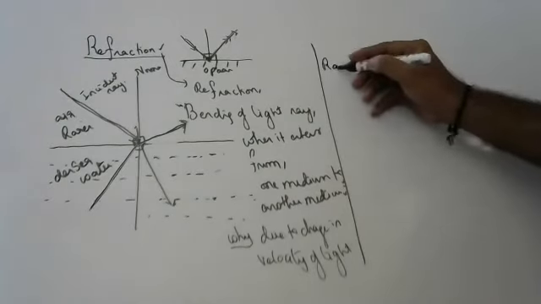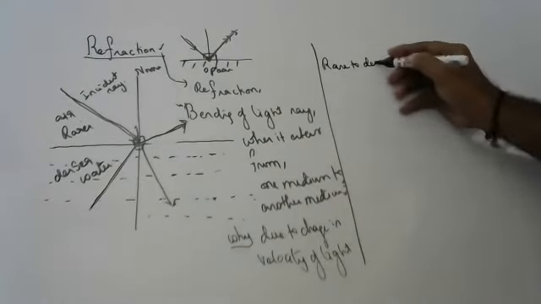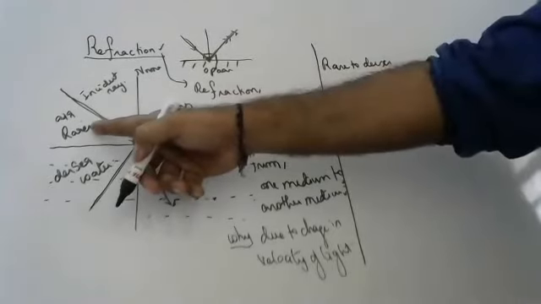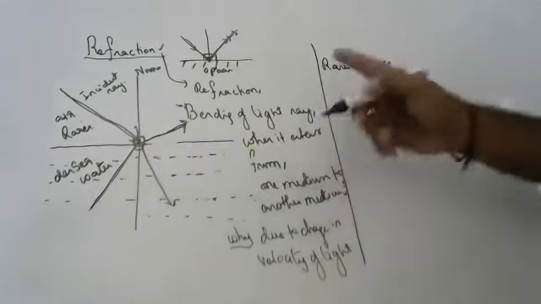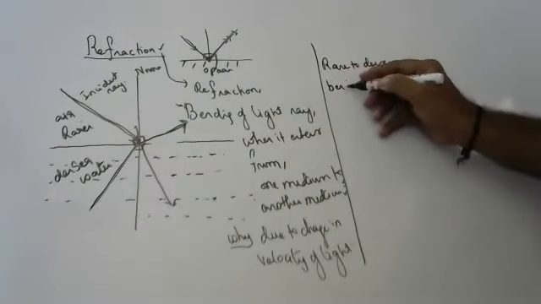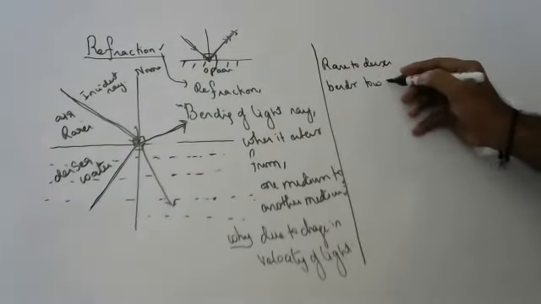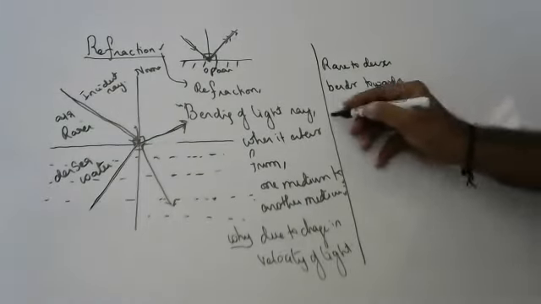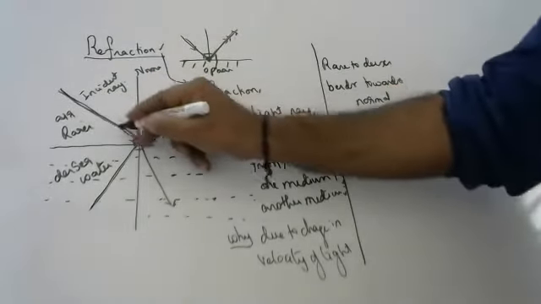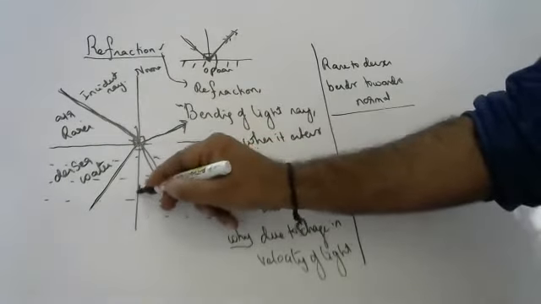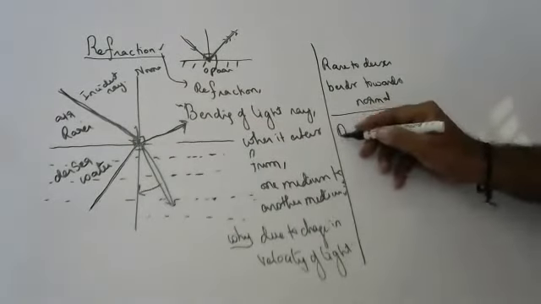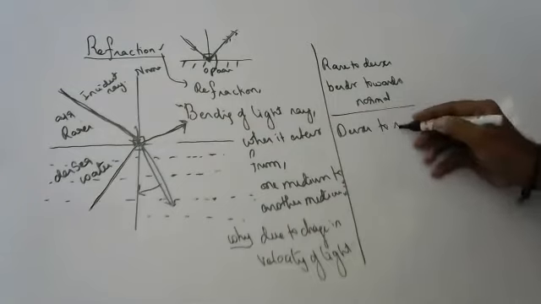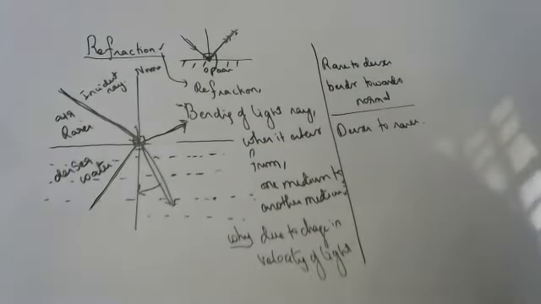When a light ray enters from rarer to denser, rarer means less density, denser means more, it bends towards the normal. When it moves from rarer to denser, it goes towards the normal. And when a light ray goes from denser to rarer, it bends away.